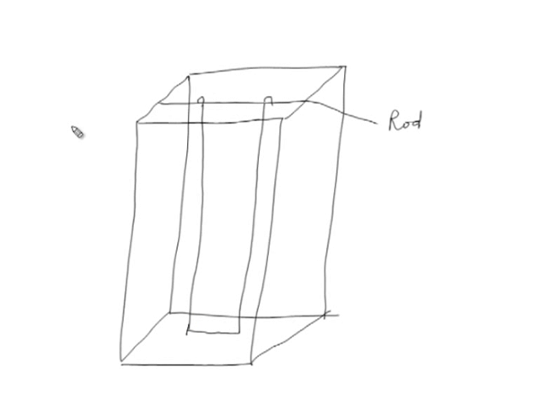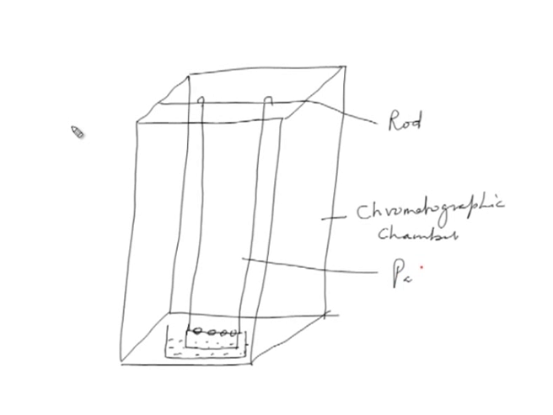Now, this paper, as you can see, will have the spots we have placed, and there will be a mobile phase here. Remember, the spots are not submerged in it. This is the chromatographic chamber, and this is the chromatographic paper which you are utilizing.